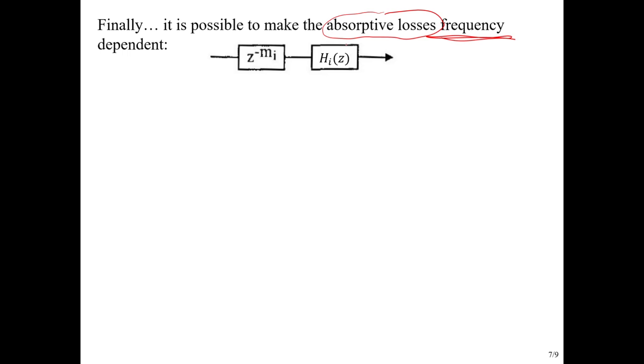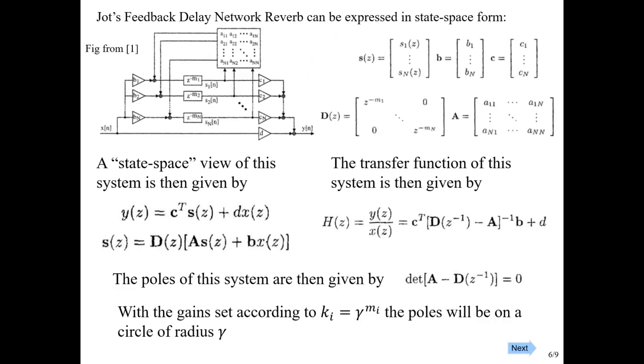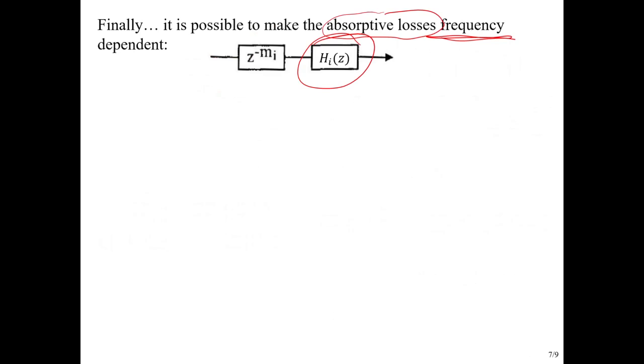So now we can throw in a transfer function in each little path. We would put one in here, one in here, one in here. Remember, we've already got the case of I's interacting in the A matrix. So now we're putting in things that will provide different attenuations based upon frequency response.